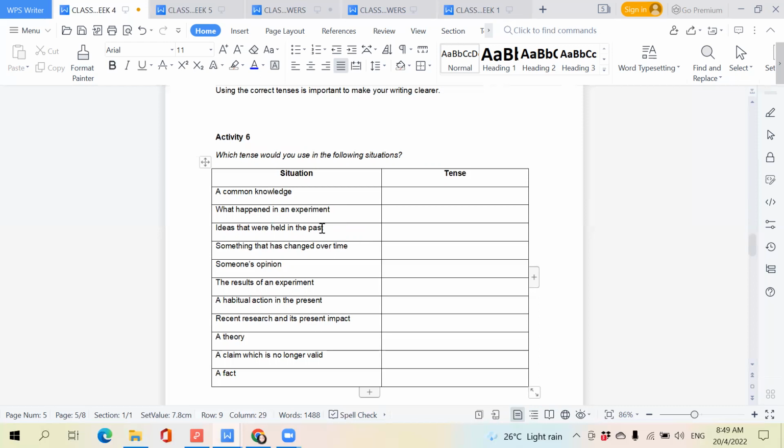If you're referring to something that happened in the past and it's not happening again, then you need to use simple past tense. If you're referring to something that is ongoing, something that is happening right now, then you can't use past tense anymore. You have to use present tense. That's why you have to understand.